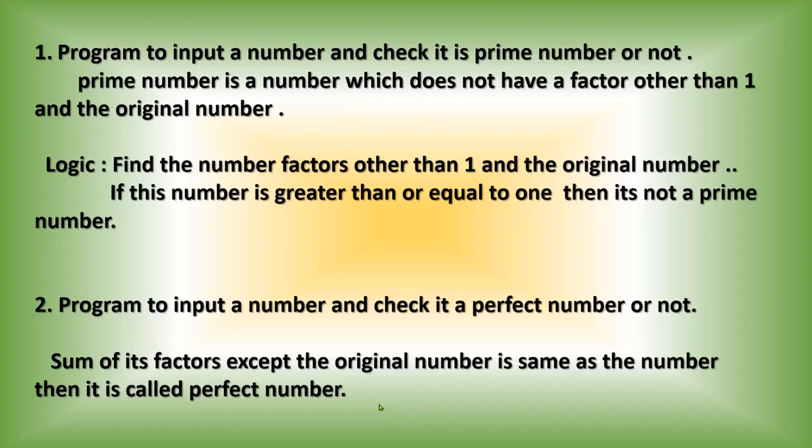One more time I will say, sum of the factors except the original number. See that definition is written over there. Sum of the factors except the original number is the same as the number, then it is known as a perfect number. Write down this definition in your notebook. Then only you will get an idea about what a perfect number is.